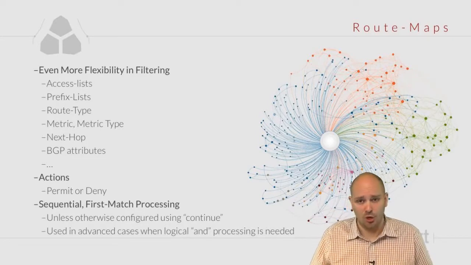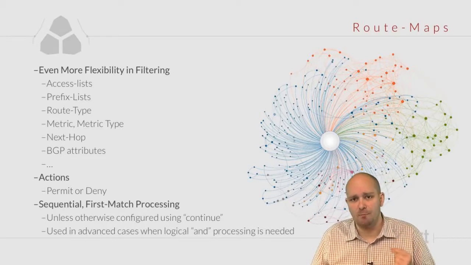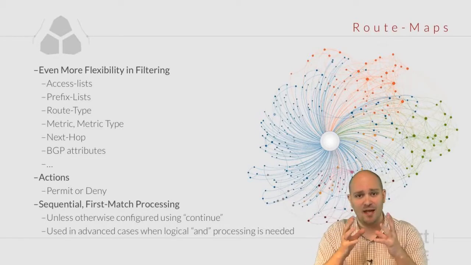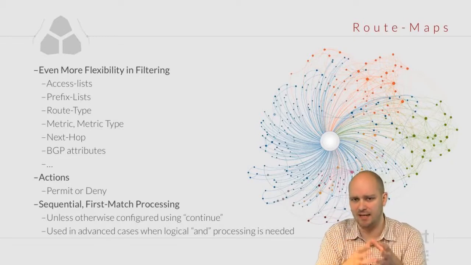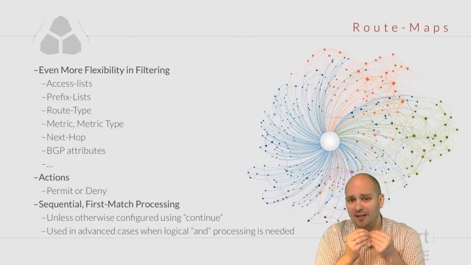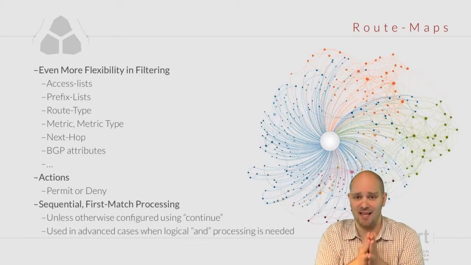What route maps do though, and prefix lists as well, is first match processing. That means if the route map entry, whatever is the match criteria inside the route map entry, is satisfied, the route map processing ends and the action, permit or deny, will be taken.